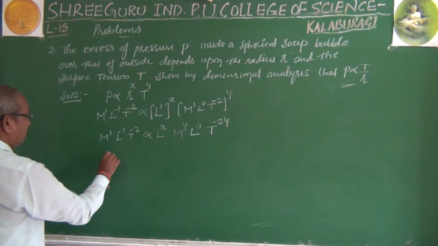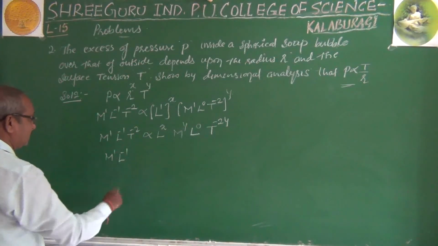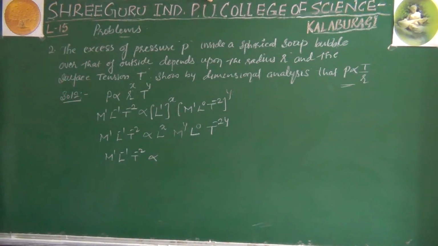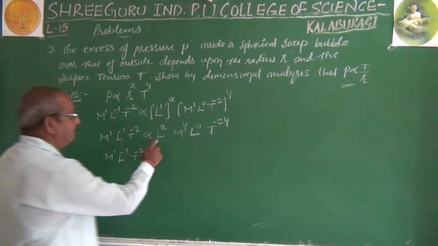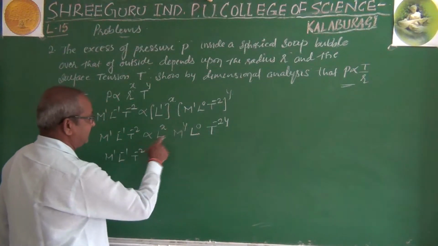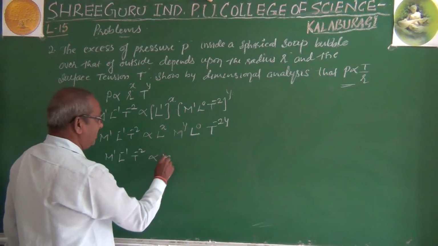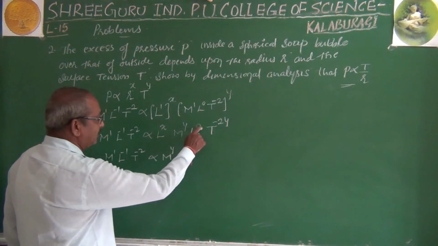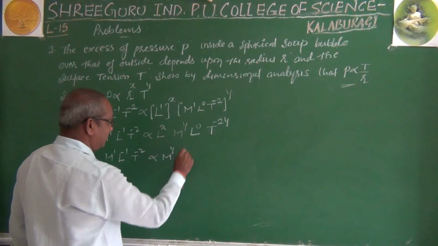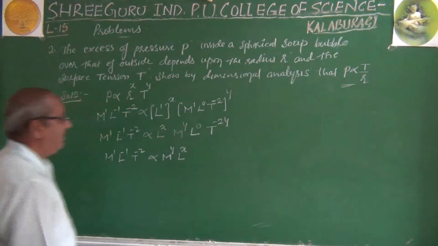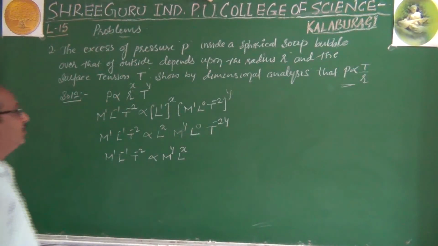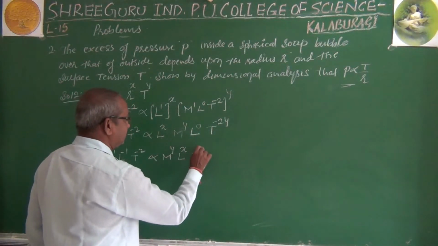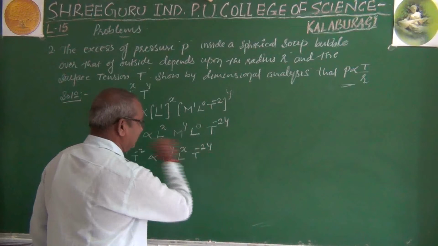The bases are the same, so indices can be added. M will be there, M raised to y. L here is x, and here is 0, so we will get L raised to x itself. And T raised to minus 2y.